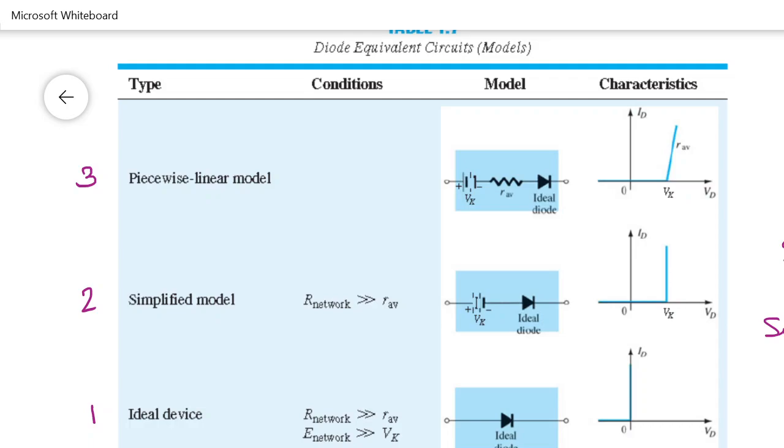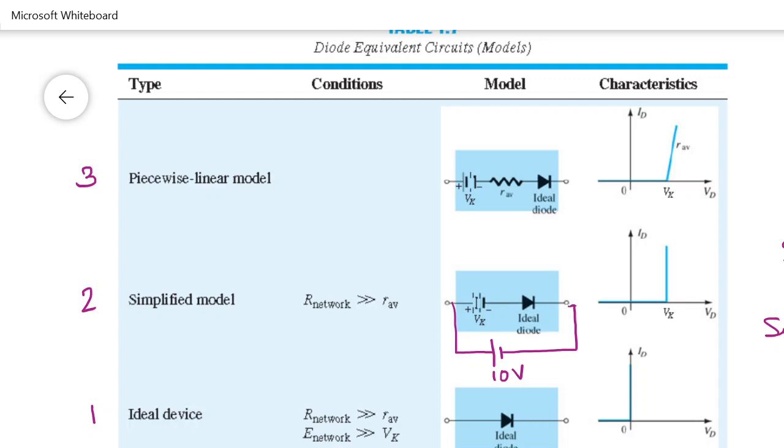For the simplified case, I would be 10 minus 0.7 volt, as you can see Vk has to be given here. The potential across the resistor is 10 minus Vk, that is 10 minus 0.7, where Vk is 0.7 for silicon devices, divided by 10 kilo ohm.